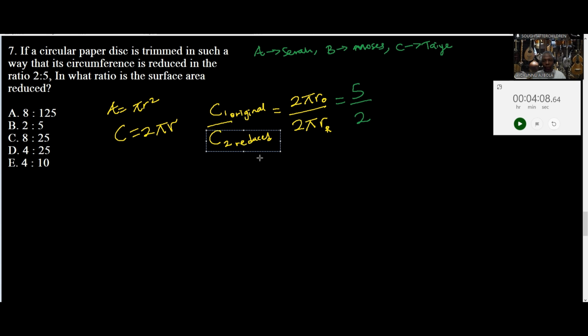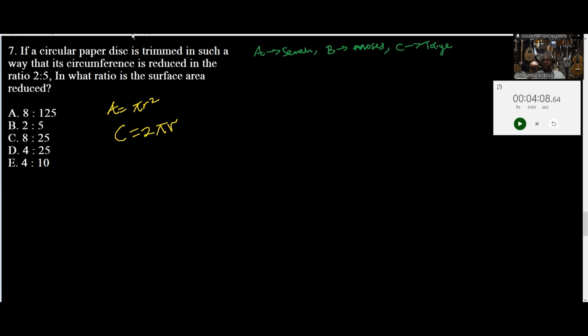So 2 pi r reduced over 2 pi r original will be 2 ratio 5.